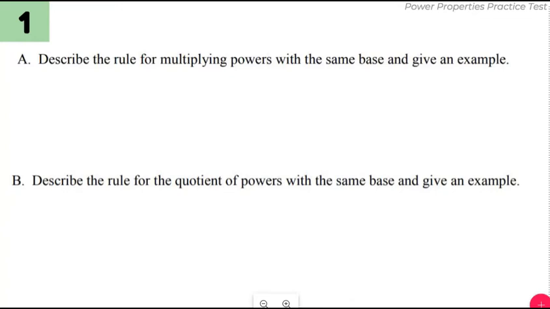So the rule for multiplying powers, you could call it the product of powers or the product rule of exponents, both talking about the same thing.